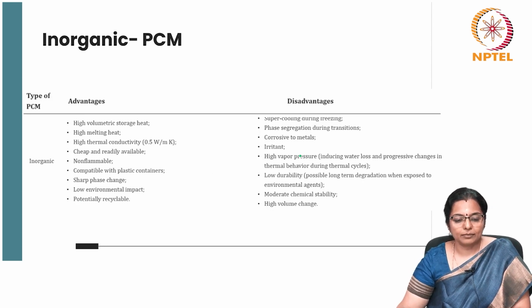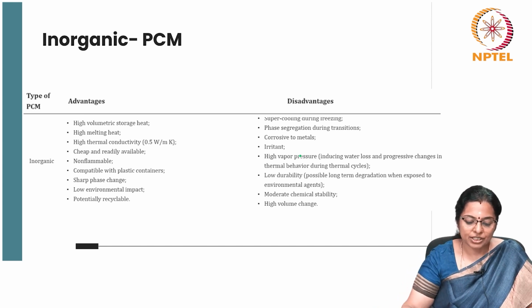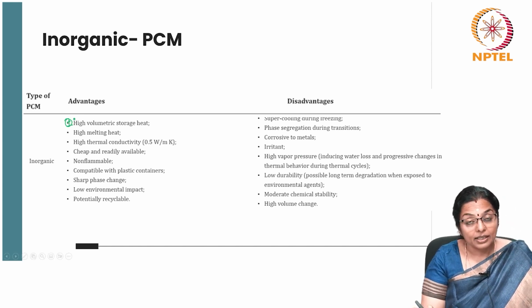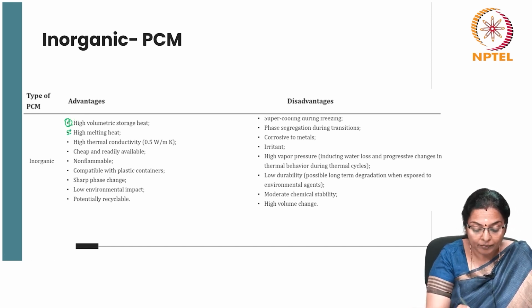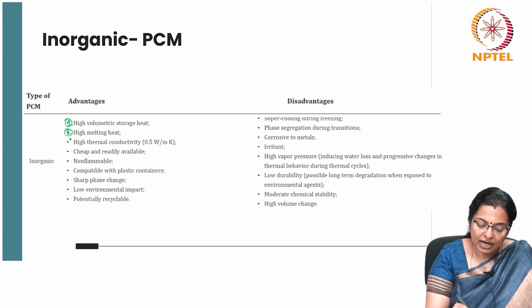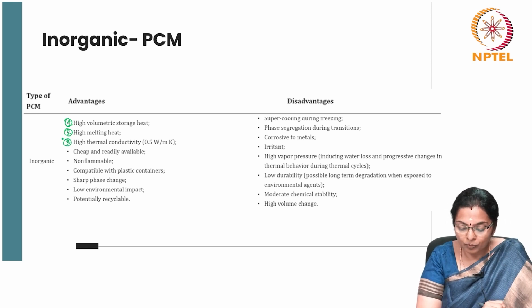Let us now look at the inorganic phase change materials, their advantages and disadvantages. So, the inorganic phase change materials have high volumetric storage heat. They have high melting point. They can store a lot of energy before they change their state. They have high thermal conductivity, about 0.5 watts per meter Kelvin.